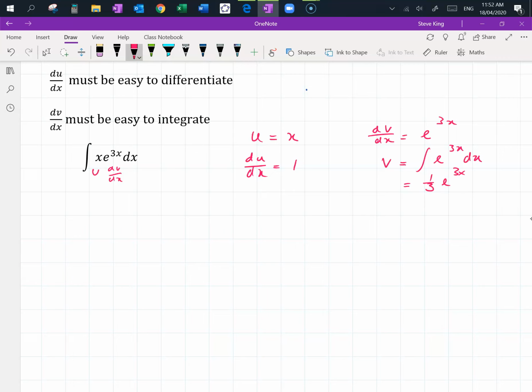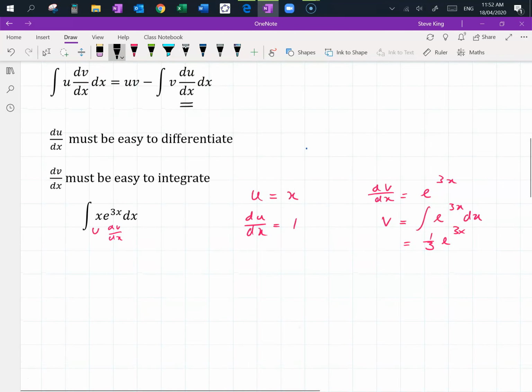So now that I've identified what v is and what du dx is, I can plug into the formula up over here in order to integrate this function. This expression can be written this way: u times v, so u, which we said was x, times v, which was 1/3 e to the 3x.